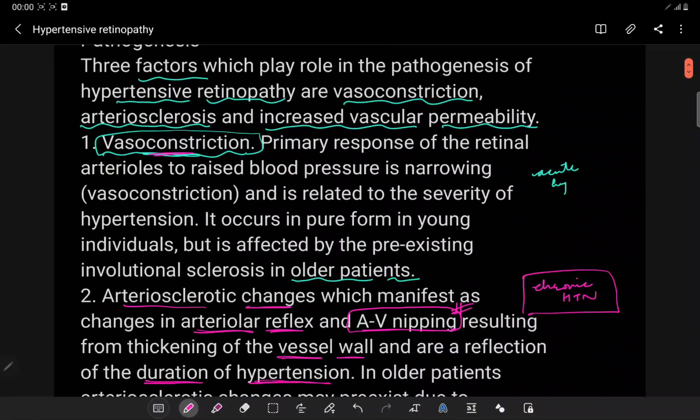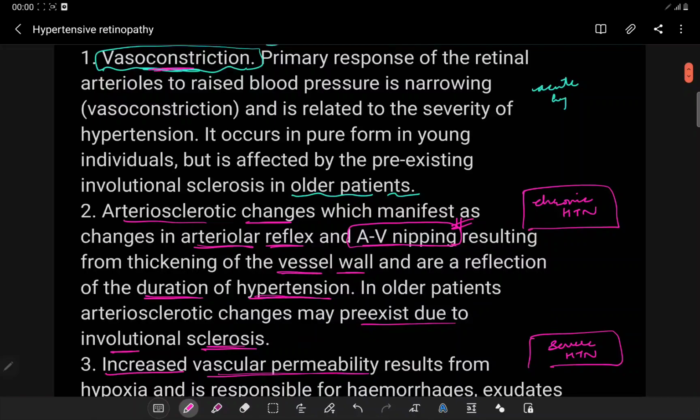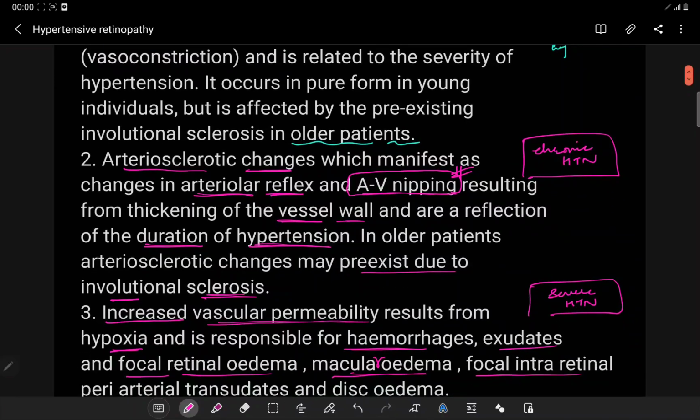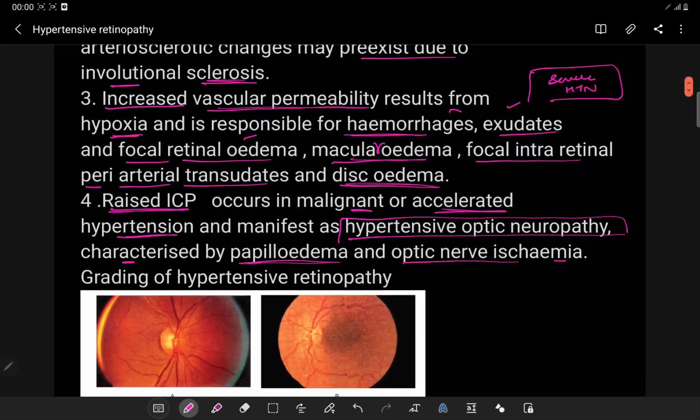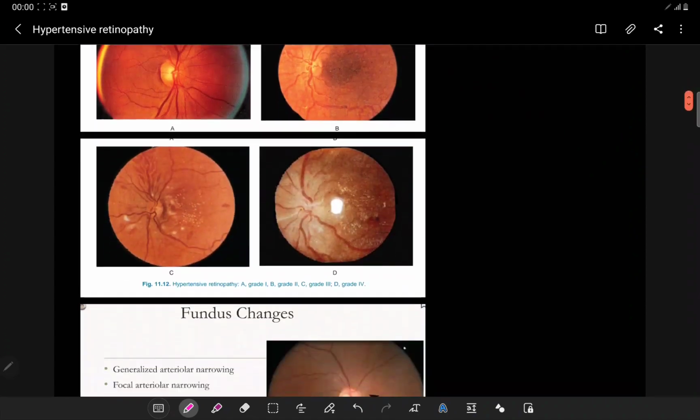If hypertensive retinopathy is going to occur, the first thing is vasoconstriction, the second is arteriosclerotic changes which manifest as AV nipping and changes in the arteriolar reflex. The third is increased vascular permeability, which causes hemorrhages, exudates, focal retinal edema, transudates, and all that. And we have the raised ICP, which is characterized by papilledema and optic nerve ischemia.